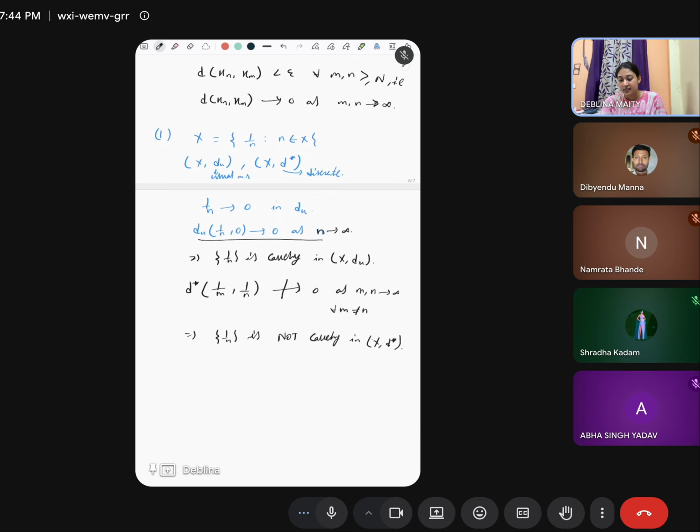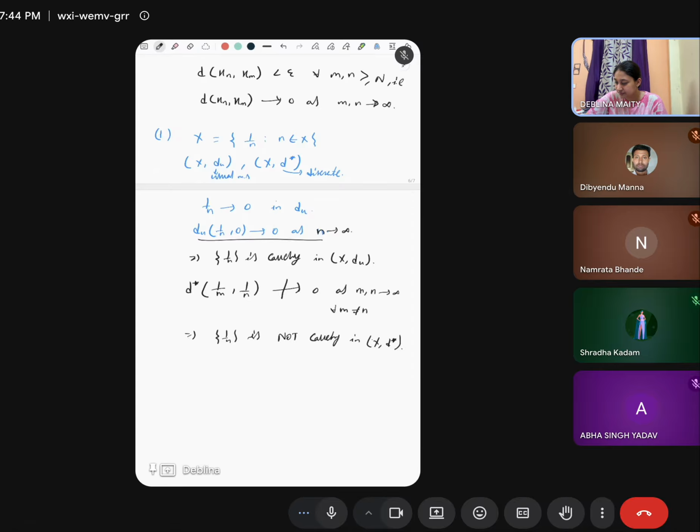See, in a discrete metric space, a sequence will be Cauchy if and only if it is a constant sequence. Otherwise it will never be Cauchy. It has to be a constant sequence, otherwise the distance between two points will be 1.